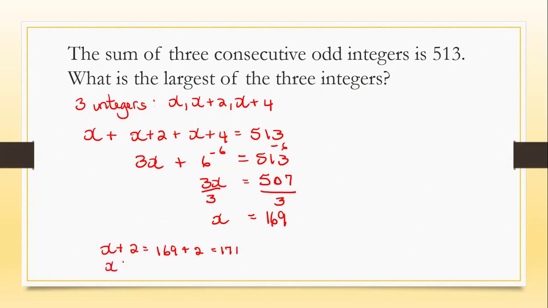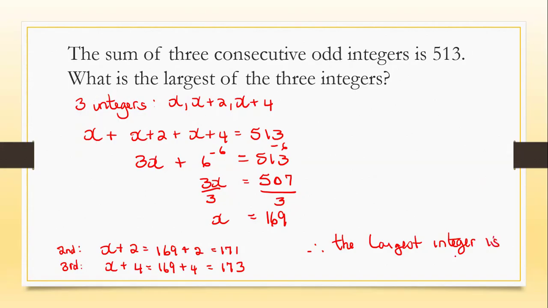And our third integer, x plus 4, 169 plus 4, which is equal to 173. So the largest integer is 173.